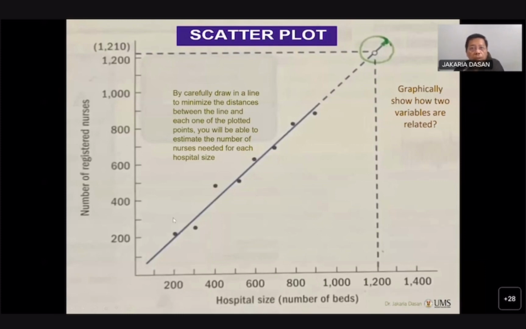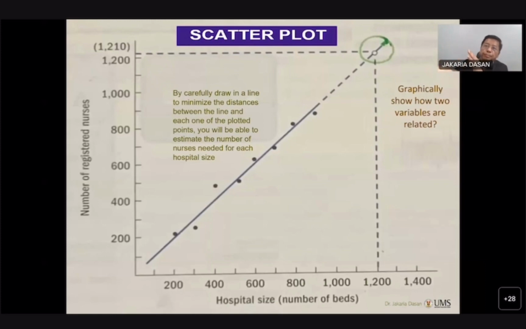There is some data received from various sources, and when they plot this data, the plots do not fall on the line like this, and the rest, only one here. Only one plot here is exactly on the line. So this is the equilibrium line, not plot, in which when we have 1,200 beds, we need about 1,210 nurses. So this is the method of scatter plot.